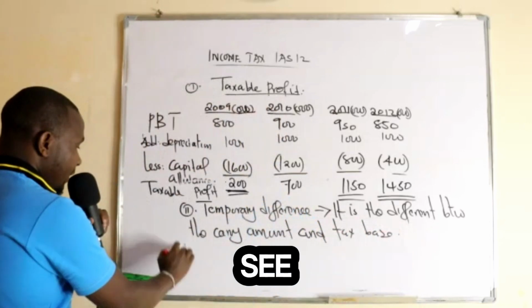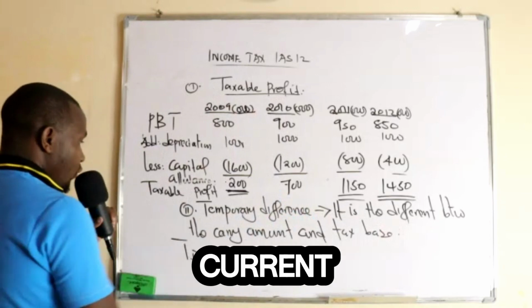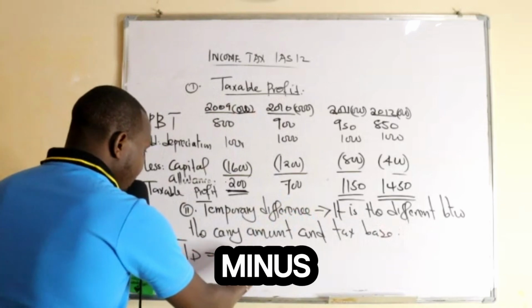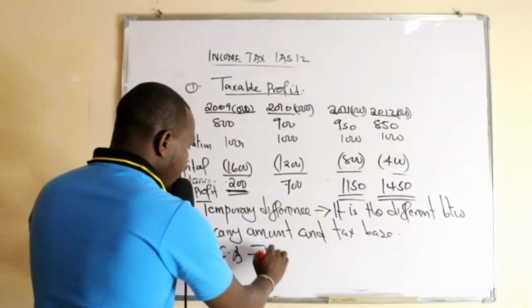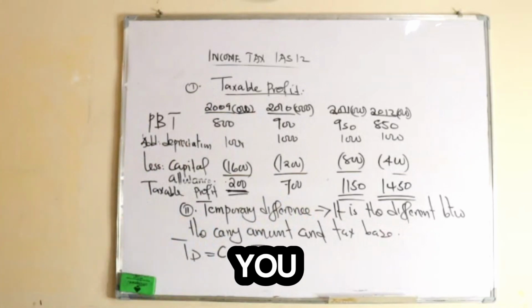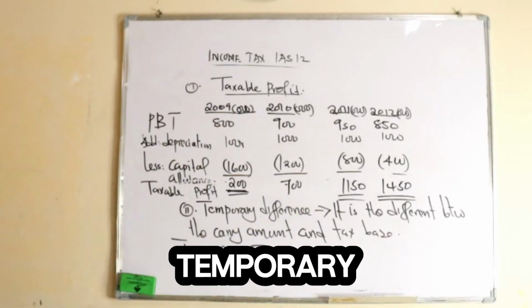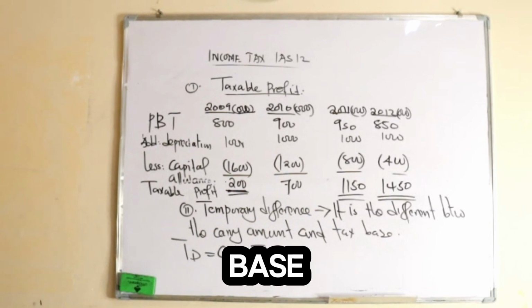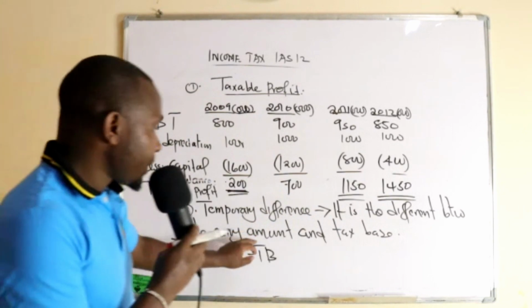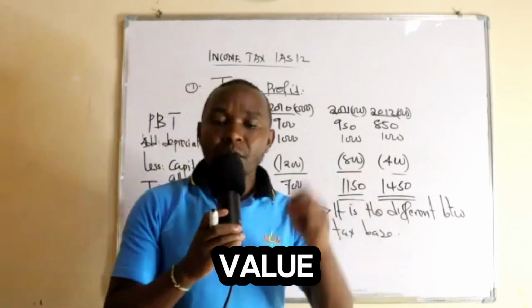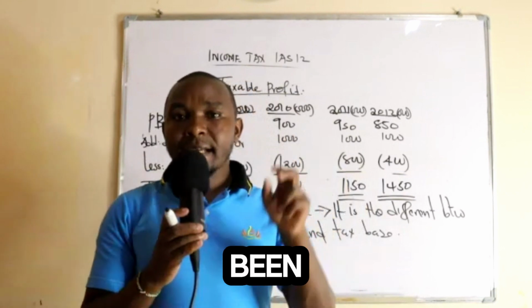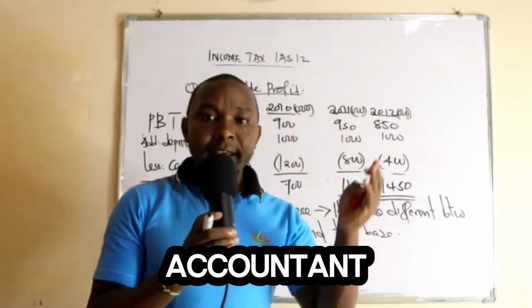So you can say TD is equivalent to the carrying amount, CA, minus the tax base. The carrying amount is the net book value or the amount which has been recognized by the accountant.